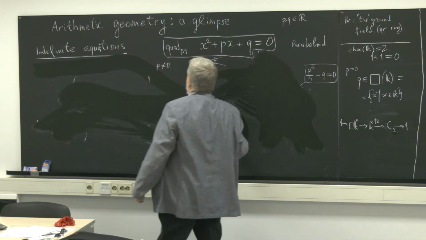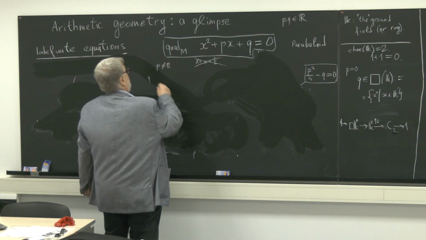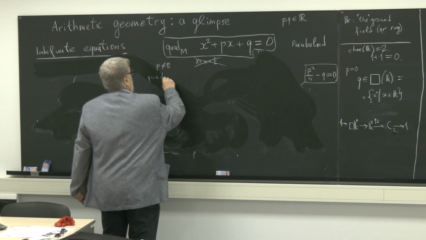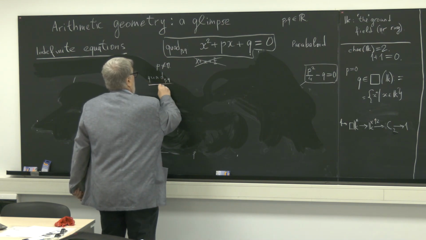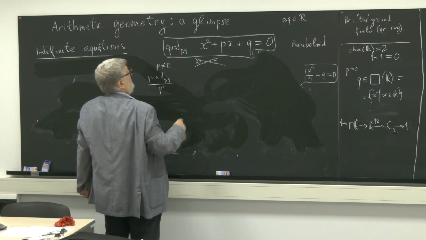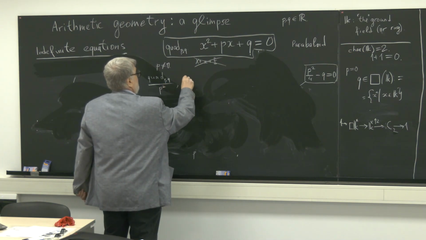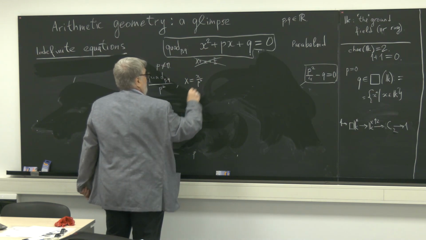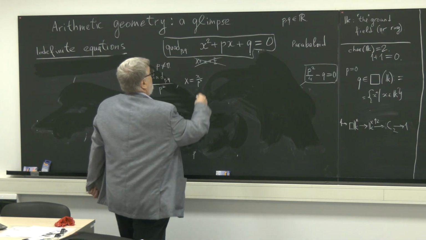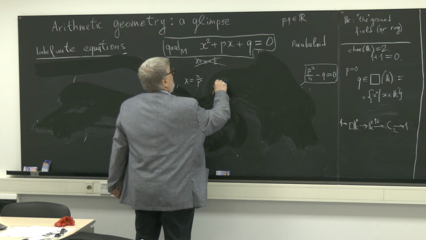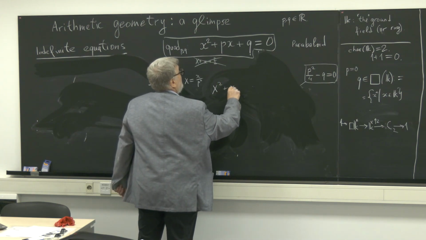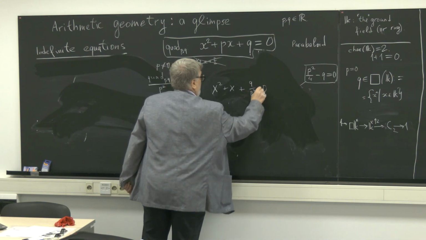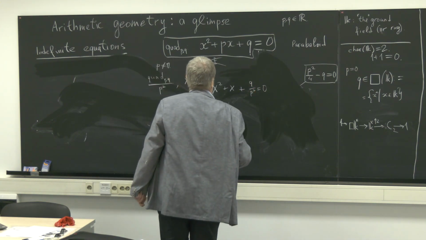Instead, we should use some other trick, that is, divide the equation by p squared and introduce instead x, that is x over p squared, and we'll have the equation x capital squared plus x plus q over p squared is 0.